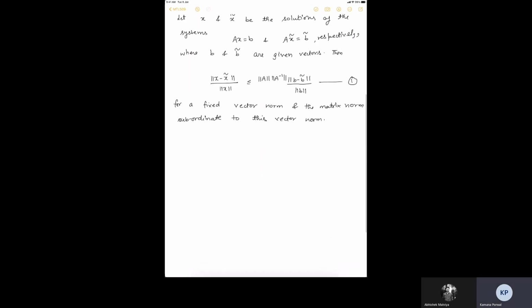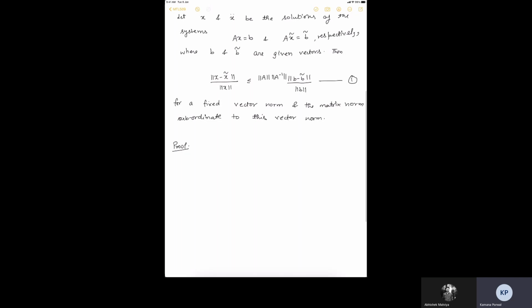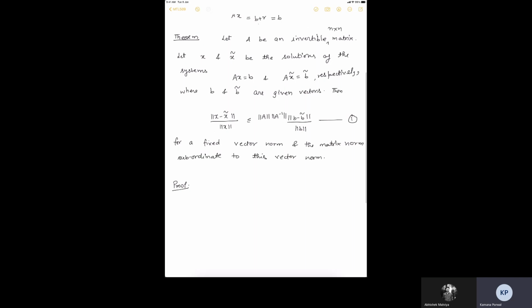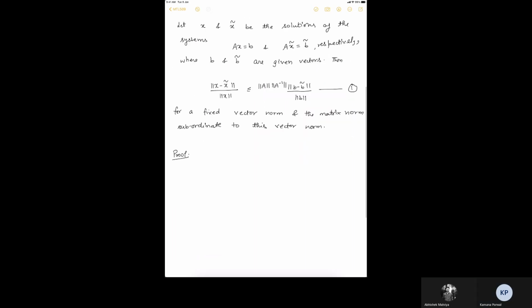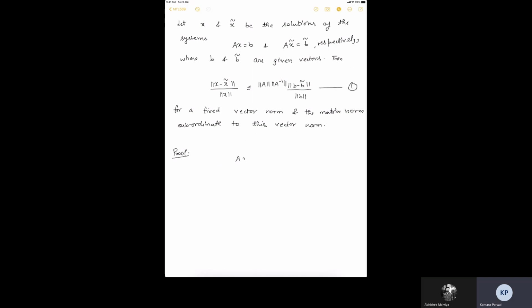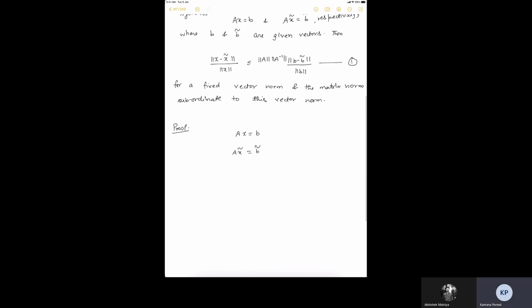The proof is not difficult. It just follows with a quick realization that we have the invertibility of the matrix A, right? We have x is the solution of this system, and x tilde is the solution of this system, and A is given to be invertible.